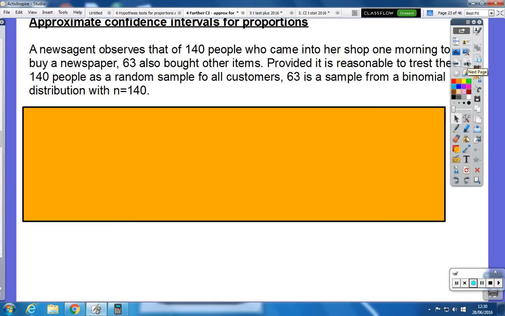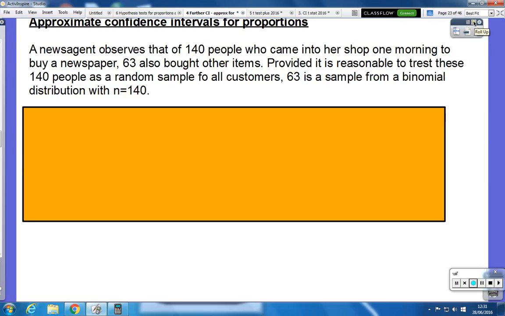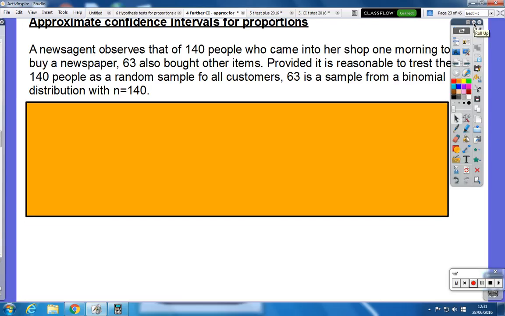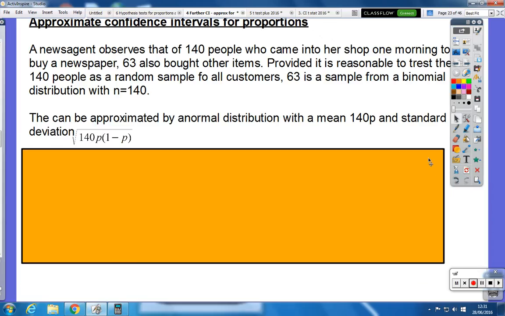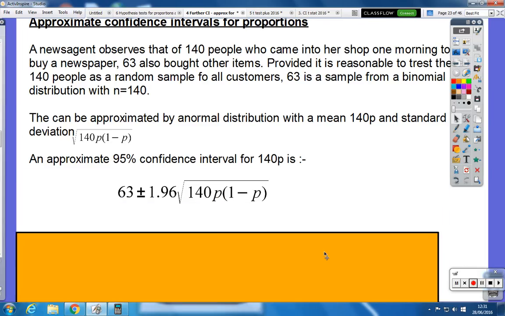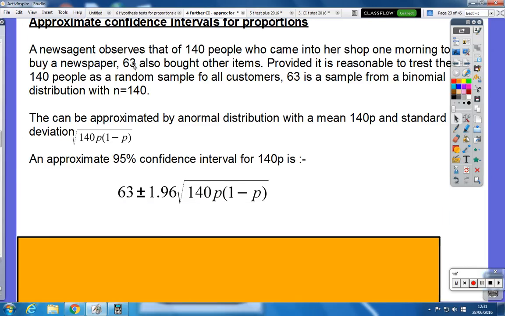So a newsagent observes that 140 people came in. It's going to be approximated by a normal distribution, and it's got a mean of 140 times p. p, as it turns out in this case, is 63 out of the 140.